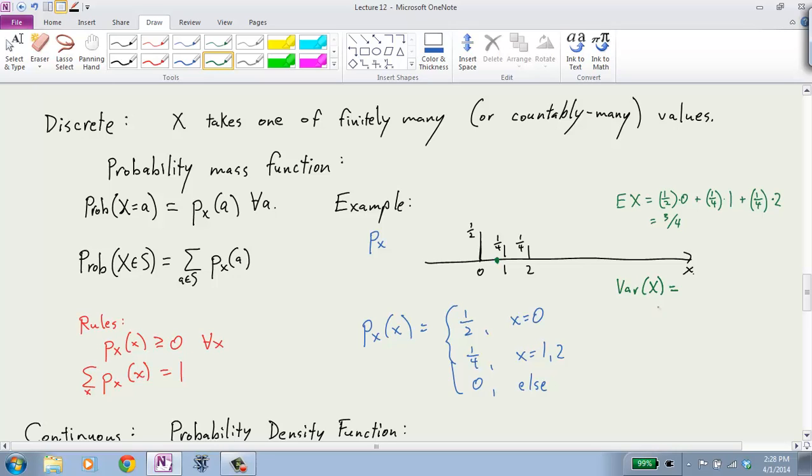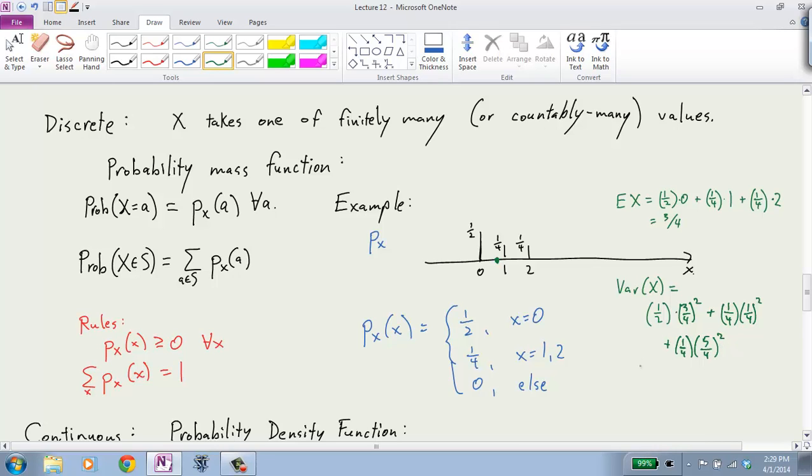We have a 1/2 probability of being here, and that deviation from the mean is 3/4, so 3/4 squared, plus 1/4 times 1/4 squared, because that's the deviation of that next point, plus 1/4 probability of being 5/4 squared.